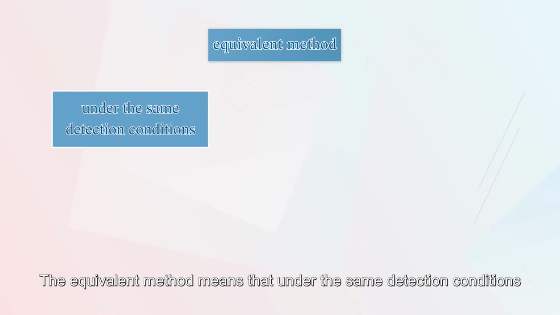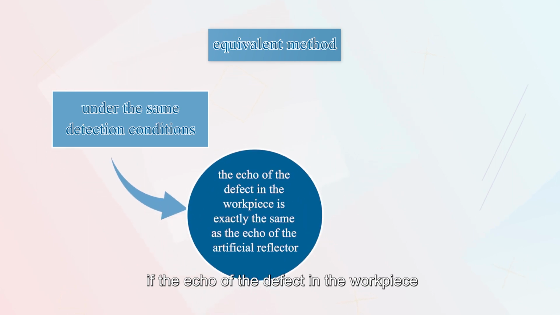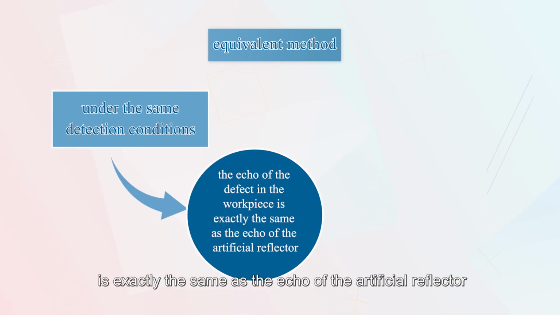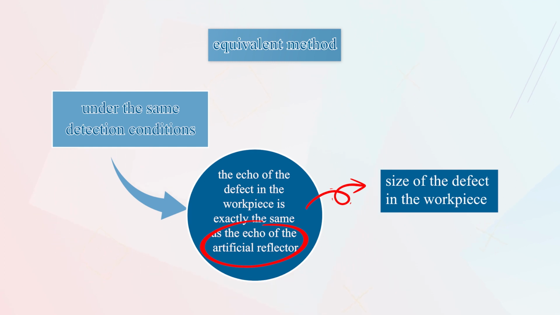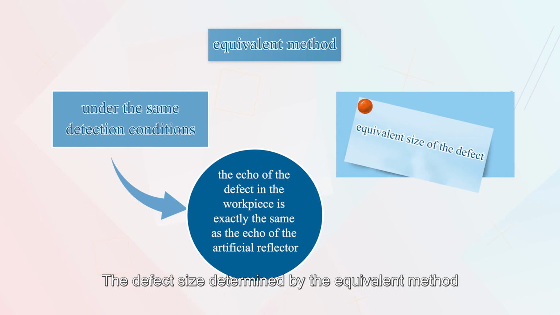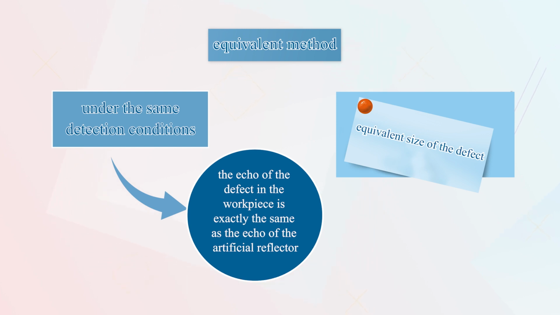The equivalent method means that under the same detection conditions, if the echo of the defect in the workpiece is exactly the same as the echo of the artificial reflector, the size of the artificial reflector is considered to be the size of the defect in the workpiece. The defect size determined by the equivalent method is called the equivalent size of the defect.